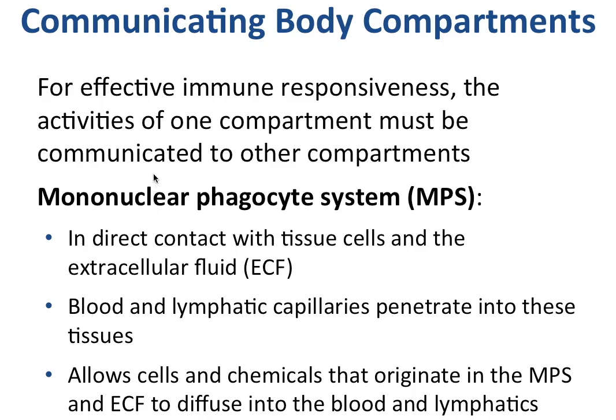The immune cells can also communicate with each other, exchanging the information that they got, so that all the immune system in your body can perform efficiently. For example, if we get a flu infection, in the beginning the flu virus only invades the lung bronchi.